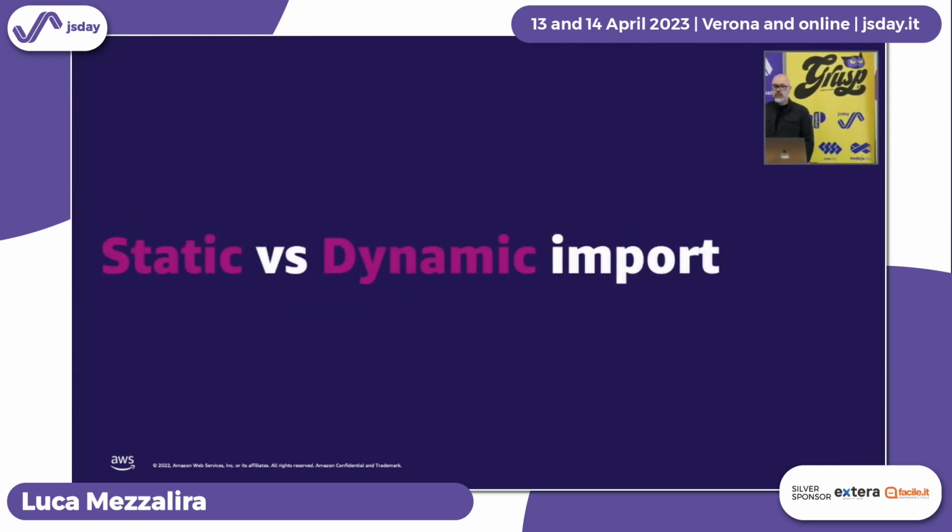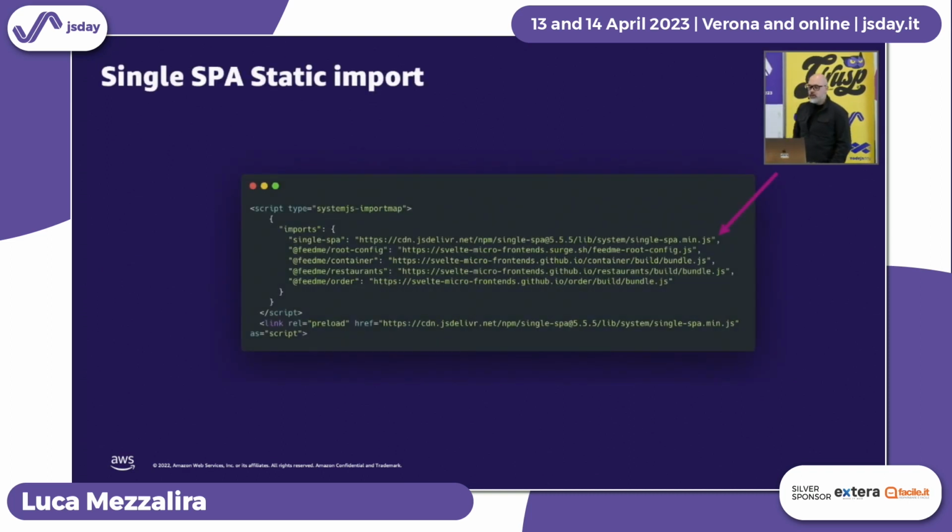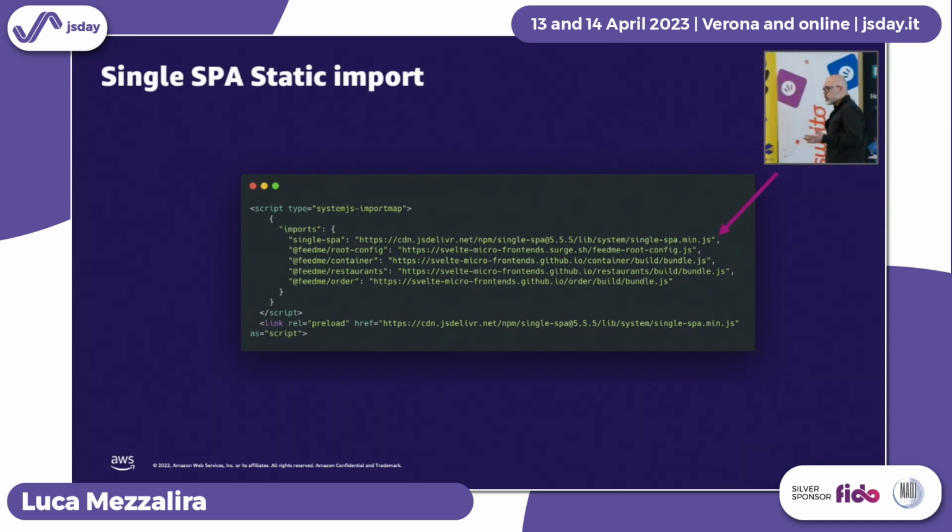So let's look at the different examples that you usually find on GitHub or on the web. The vast majority of the time, if you're looking for client-side rendering frameworks that are doing micro-frontends, like single-spa, you see something like that. You have an import map, it could be made with System.js, where you have a bunch of imports that take care of loading your micro-frontends, and off you go, you have your system up and running.